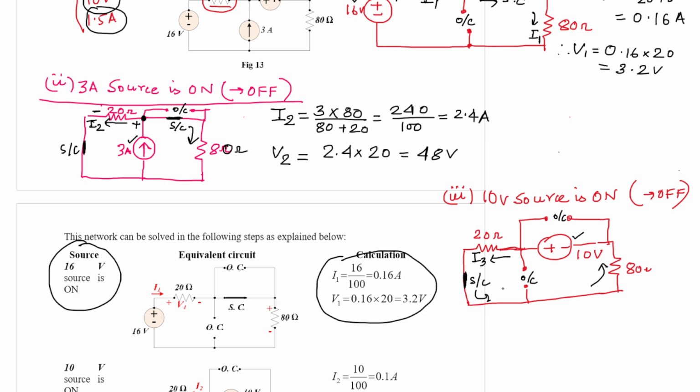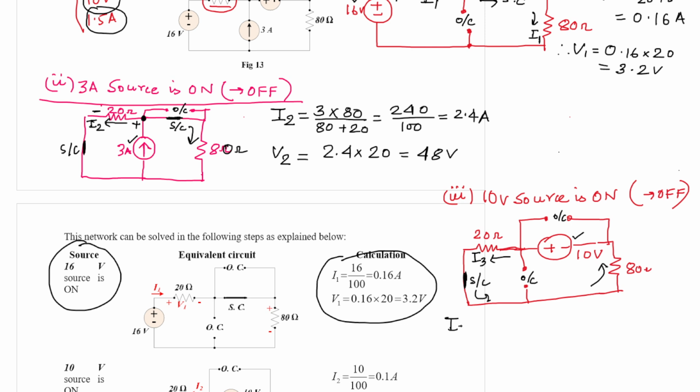This current cannot flow through this open circuited path, because through an open circuited path no current can flow. So one current, I3, will be flowing through this 20 ohm resistor, and that current will be coming back to this 80 ohm resistance. So 20 and 80 ohm resistance are connected in series.